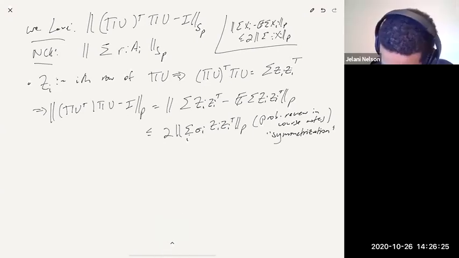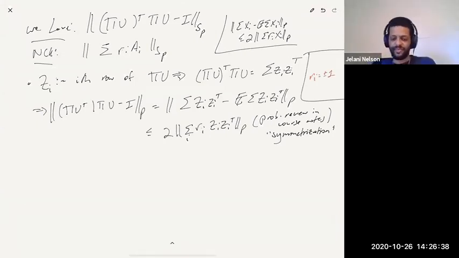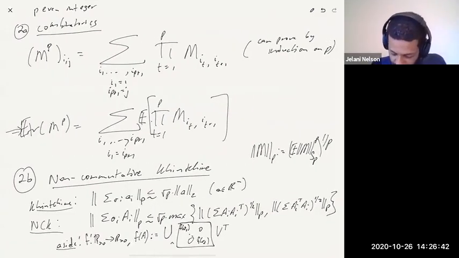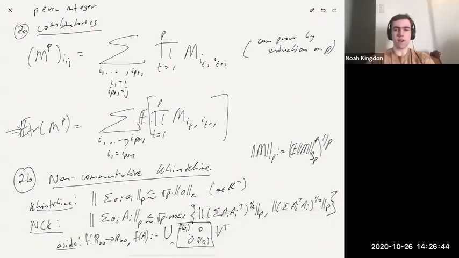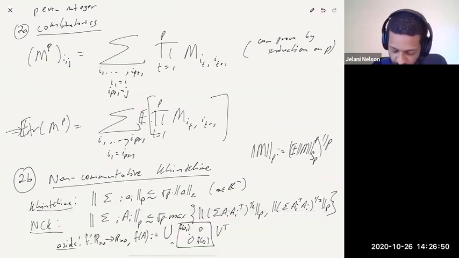All these sigmas are r's now. r i is just plus or minus 1. I should have said that here too. Is that true for any r i's, or it's true in expectation? No, r i is a random variable. It's plus 1 with probability a half and minus 1 with probability a half.